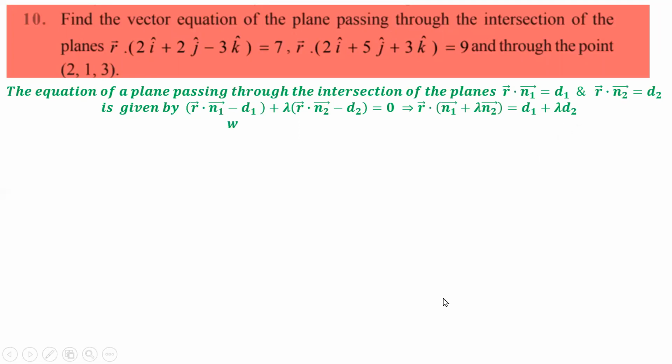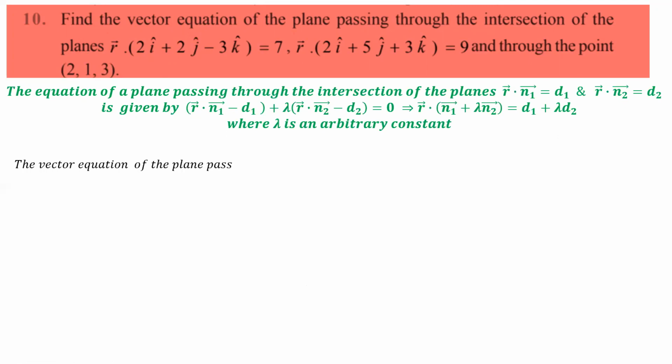Okay, so now the equations of these two planes are given, and the plane passes through the point (2, 1, 3). So the condition is the point on the plane, and the coordinates of the point are (2, 1, 3). First of all, write down the vector equation of the plane passing through the intersection of these two given planes.